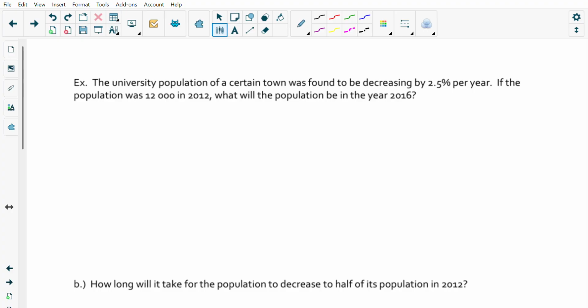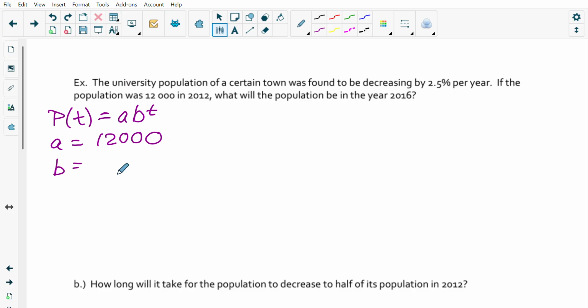The university population of a certain town was found to be decreasing by 2.5% per year. If the population was 12,000 in 2012, what will the population be in 2016? This is another population growth problem. Population shrinkage, actually. Okay, a times b to the t, but we can use the same equation. So we start out with 12,000 people.